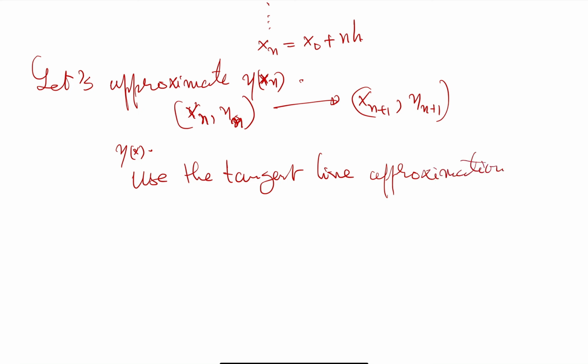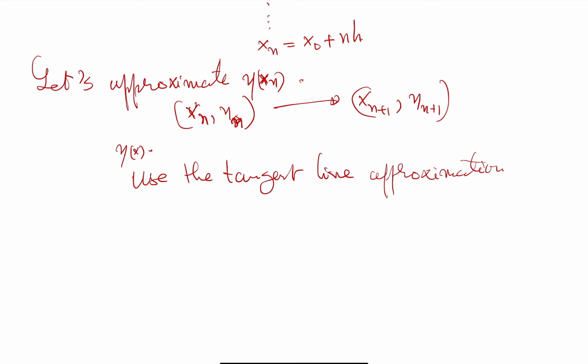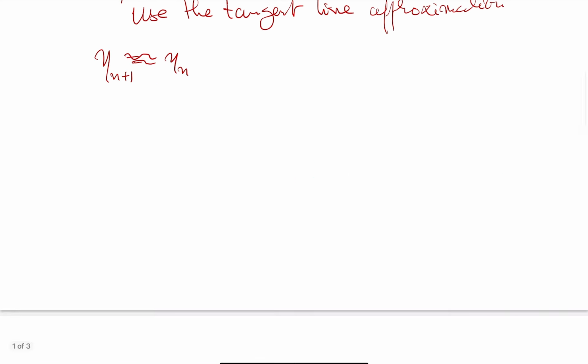If you use the tangent line approximation from those points, go back to the approximation we did in calculus 2, I believe. We will end up having yn plus 1 is approximately equal to yn plus yn prime of xn.